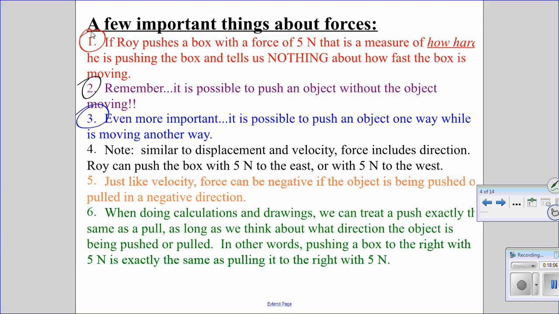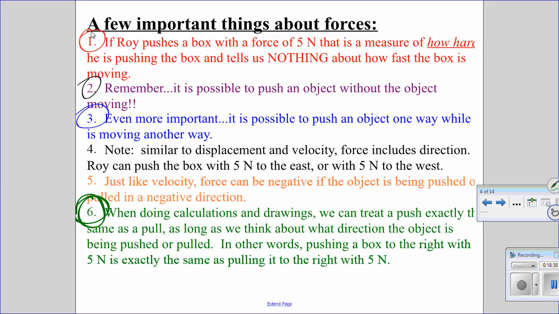This is huge, and hopefully not super surprising, but probably a new way of thinking about this for you. When we do calculations and when we make our drawings of forces, which is what we're going to spend a lot of time talking about today, we're going to treat a push exactly the same as a pull. Right? So in other words, me getting over here and pushing the table this way with 5 newtons is exactly the same as me standing over here and pulling with 5 newtons.